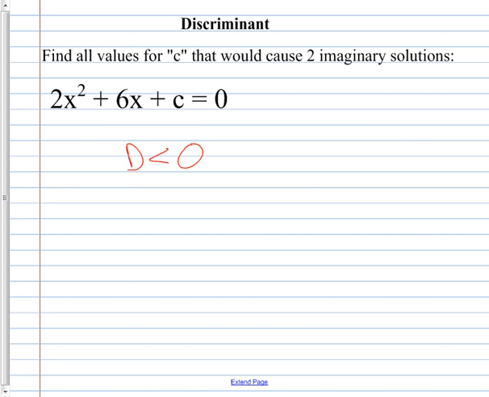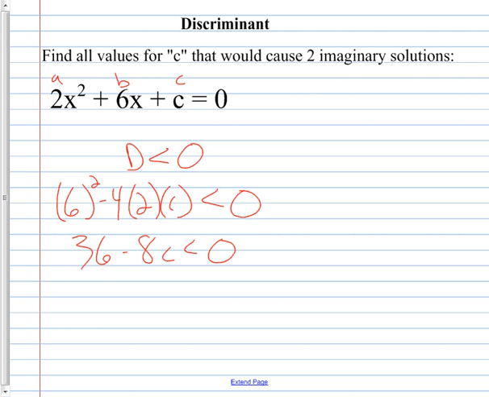So, let's write our discriminant. So b squared minus 4 times a, c. I need that to be less than 0. So now this is just a little equation we're going to solve, and it'll automatically tell us what c would have to be to cause these imaginary solutions. So that's 36 minus 8c is less than 0.